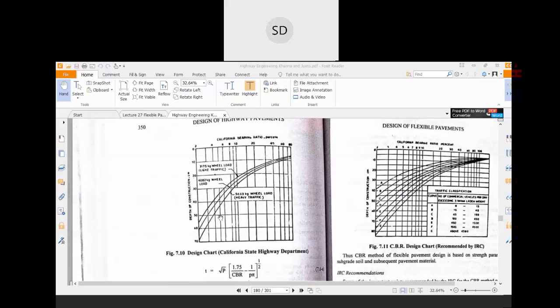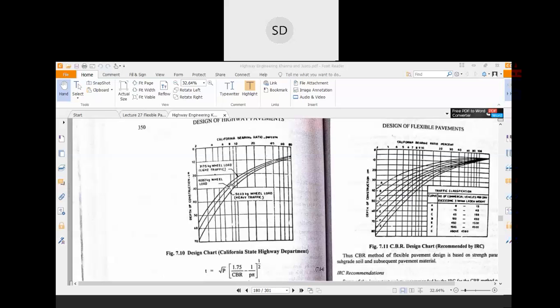See, these values are the depth of the section in centimeters. This is the California bearing ratio test, and these are the different traffic loads. Here the traffic load is 200 commercial vehicles per day, or medium traffic, which is also mentioned in the question.